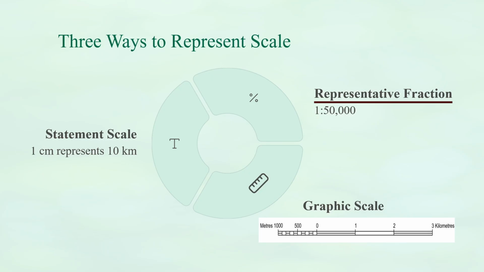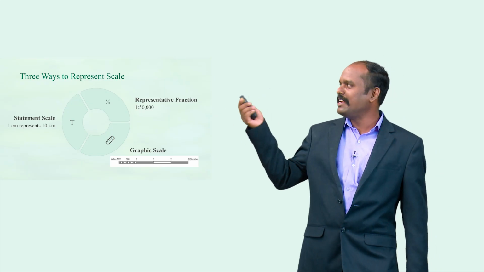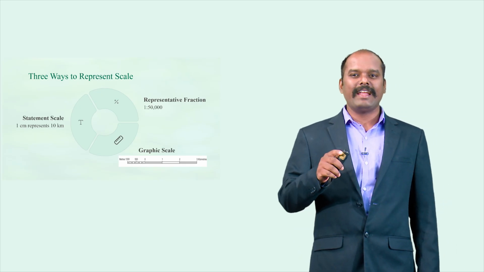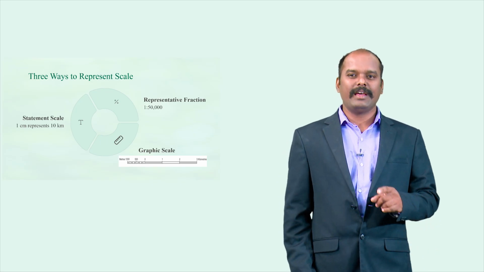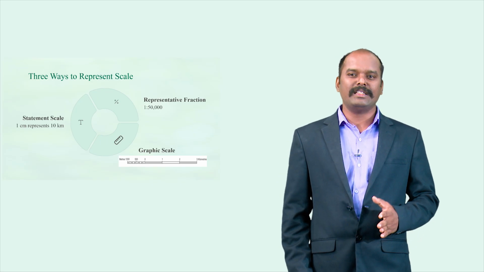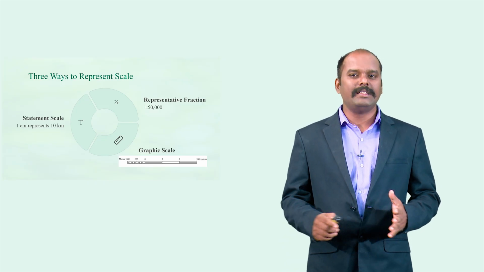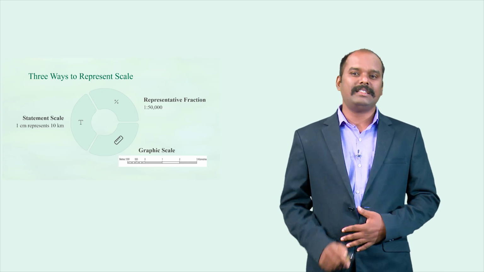So, fraction itself is about numerator and denominator. Here, an example for representative fraction is 1 to 50,000. We can write it like 1 divided by 50,000 also. Here 1 is the numerator, 50,000 is the denominator. Here 1 denotes map distance, 50,000 denotes ground distance.